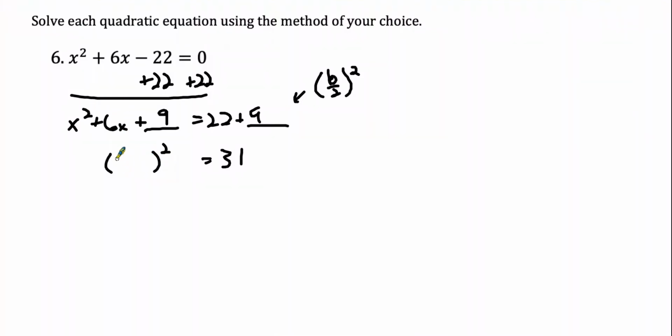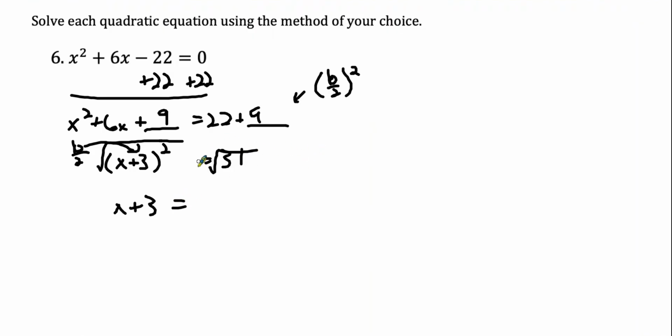So this will factor into x, and then this value here will always just be whatever my b value was divided by 2. In this case, my b is 6. 6 divided by 2 is a positive 3. From here, I just need to take the square root of both sides. So on the left side, square and square root cancel out, and we just get x plus 3.